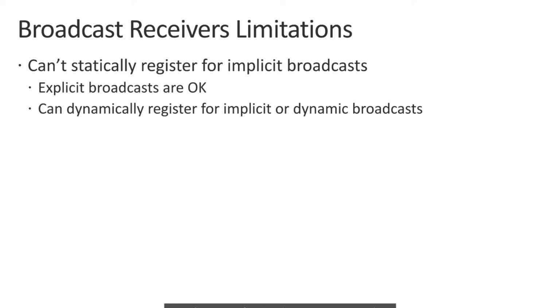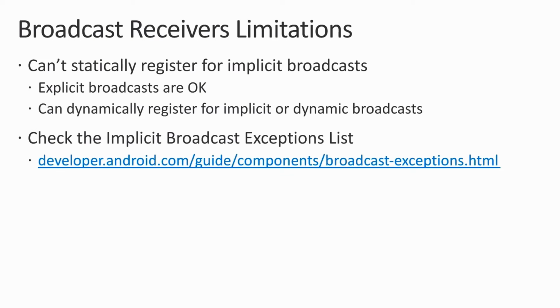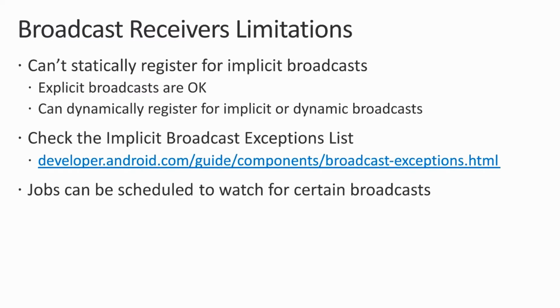It registers and unregisters as appropriate. There are some implicit broadcasts which have been whitelisted. These ones you can still register for, and your best bet is to go ahead and read Google's documentation here. That is the complete list of the implicit broadcasts which have been whitelisted.